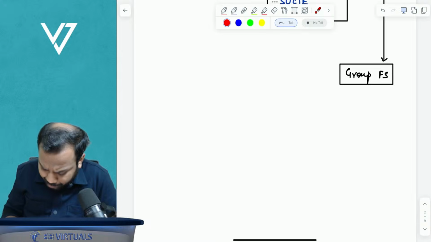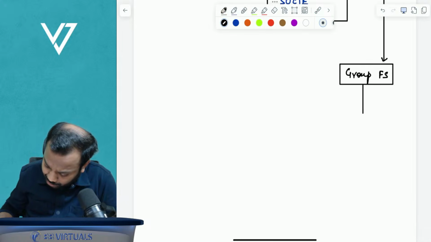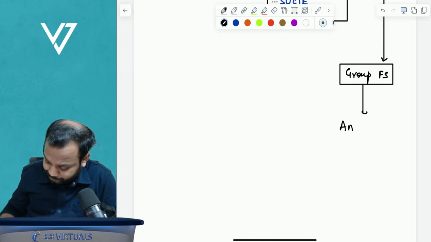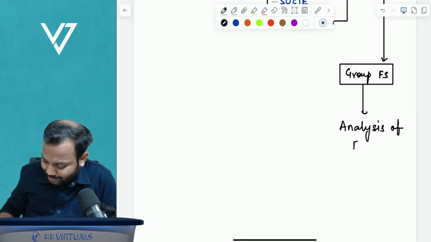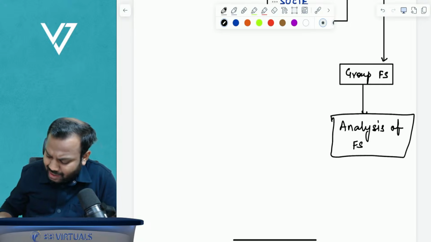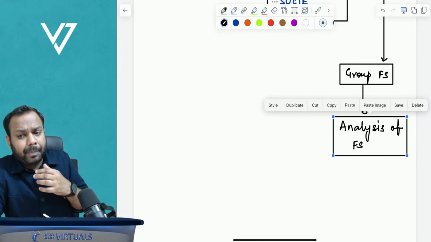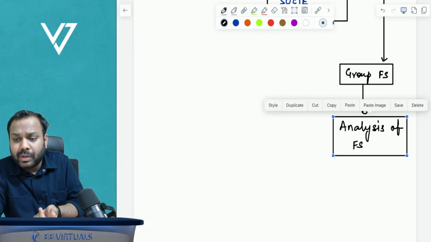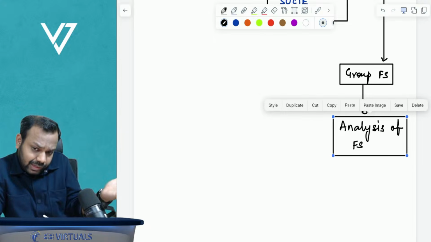Now, once we prepare the group financial statements, then we do the analysis of the financial statements. Analysis meaning, let's suppose, comparing how the company performed in the current year as compared to the previous year.